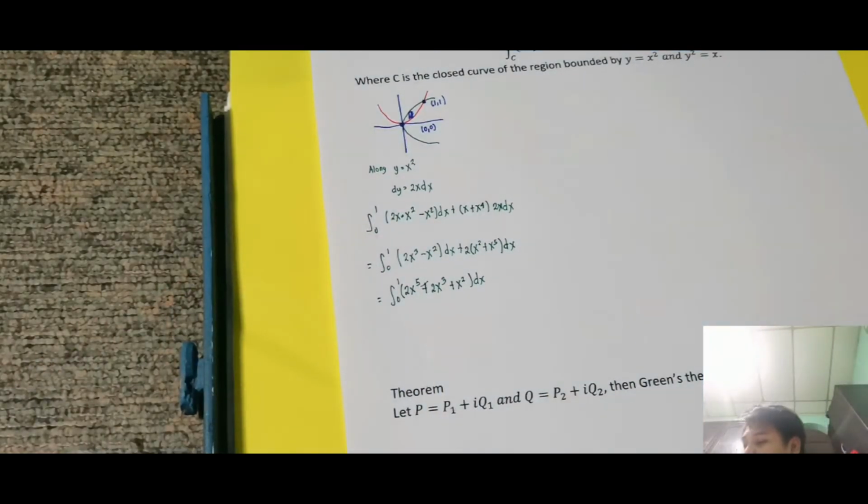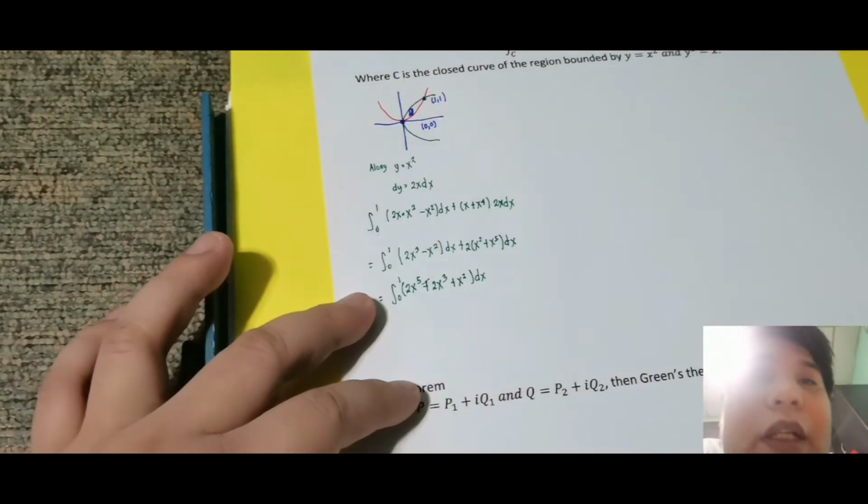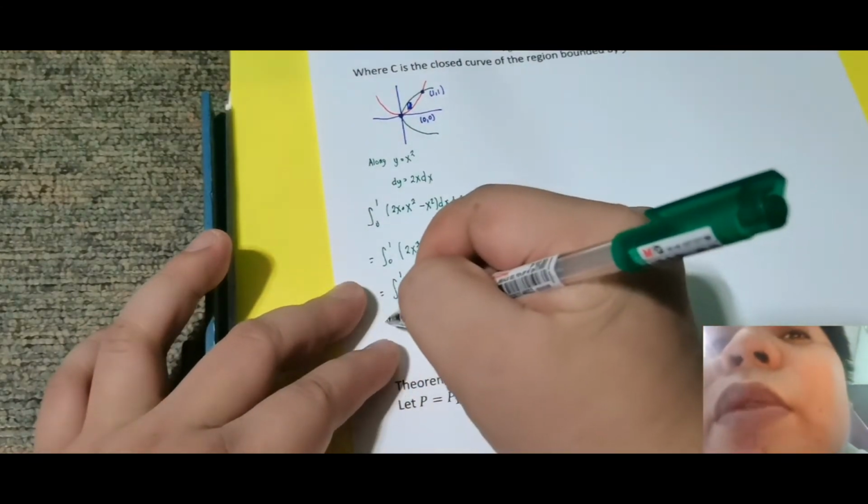Of course, let's integrate that. So, the integral is just 7 over 6. Based on the calculator, the integral is 7 over 6.